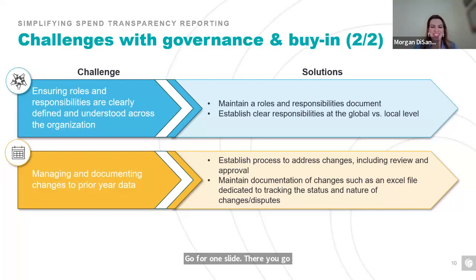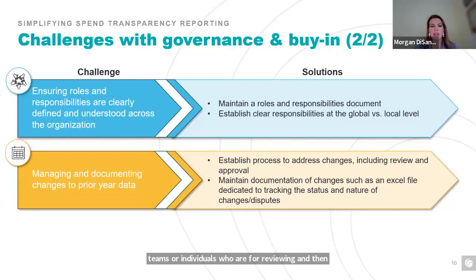All right. So the next challenge we wanted to discuss, again under governance and buy-in, has to relate to ensuring roles and responsibilities are clearly defined and also understood across the organization. So here, it's really important to have a roles and responsibilities document that can establish accountability and designate teams or individuals who are responsible for reviewing and approving final reports before submission.